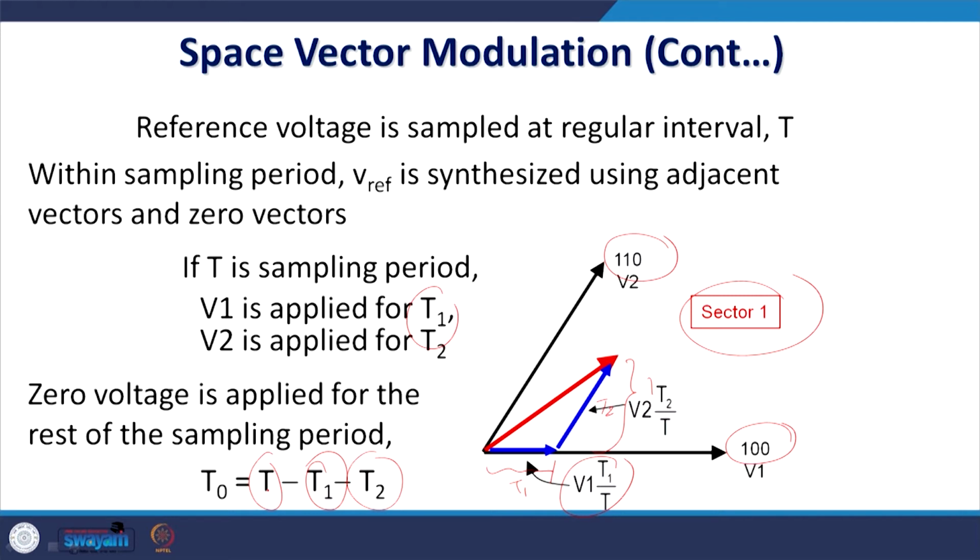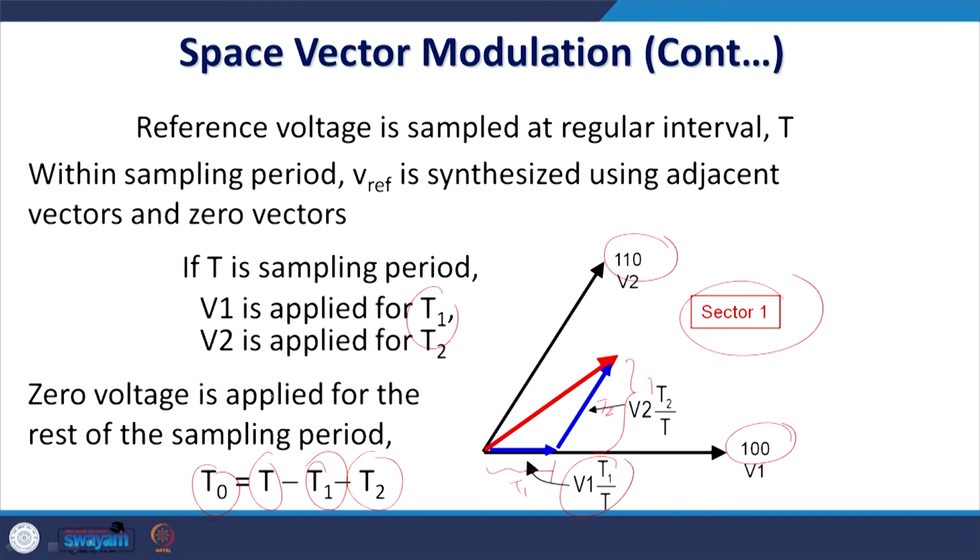Generally this T0 will be split as T0 by 2 at the beginning and T0 by 2 at the end of the cycle.